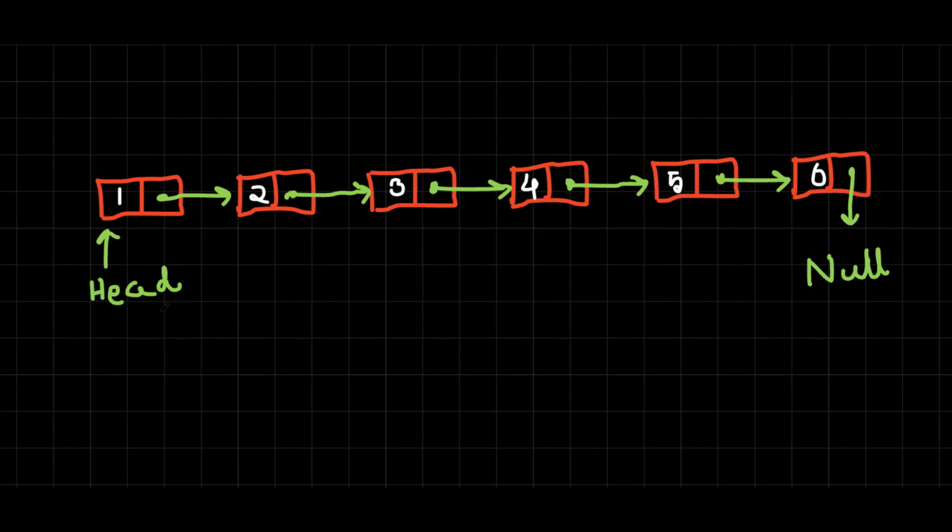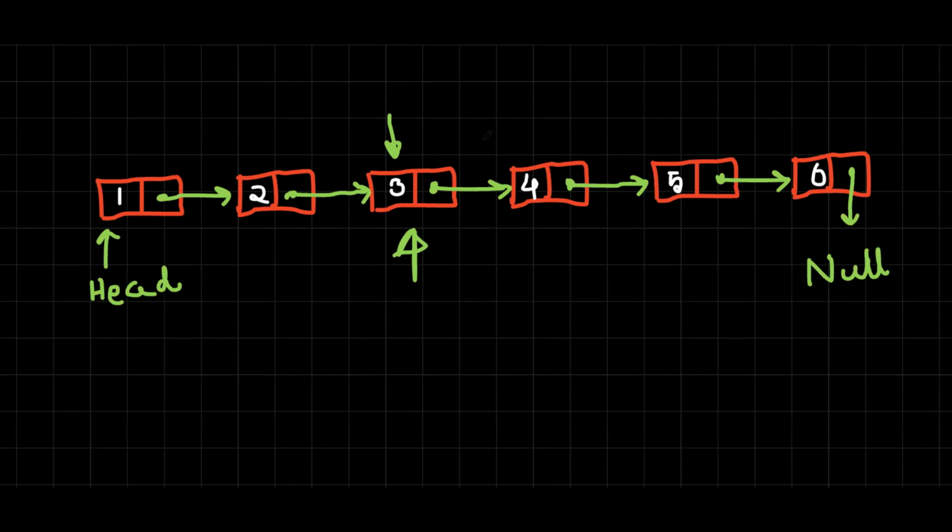Now here, as we are given a singly linked list, we have to first understand the example. In a singly linked list, each node has two elements. One is the value and another is the memory address of the next node.